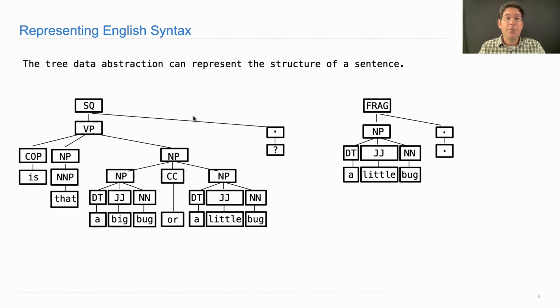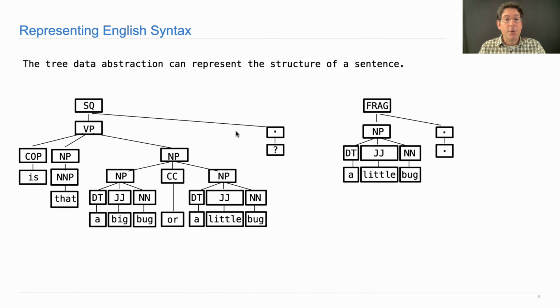It has two constituents, which are its children, a verb phrase, and a piece of punctuation. This dot here is actually a tag describing forms of punctuation, such as periods, question marks, and exclamation points. And that's just the convention that we use in order to describe this category.